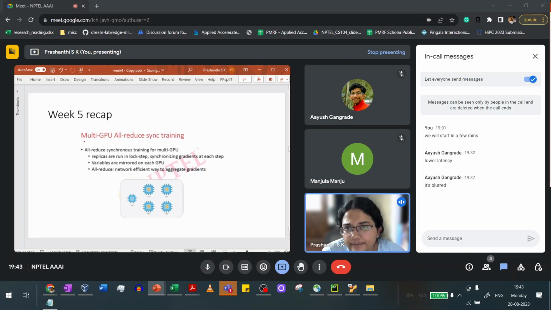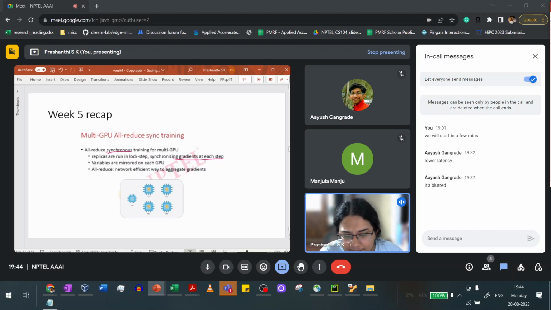Here's a very simple example: multi GPU all reduce synchronous training. In a lot of places you will see synchronous and asynchronous. Synchronous means that they exchange data at the end of, let's say, your batch boundary. They synchronize gradients at every step.